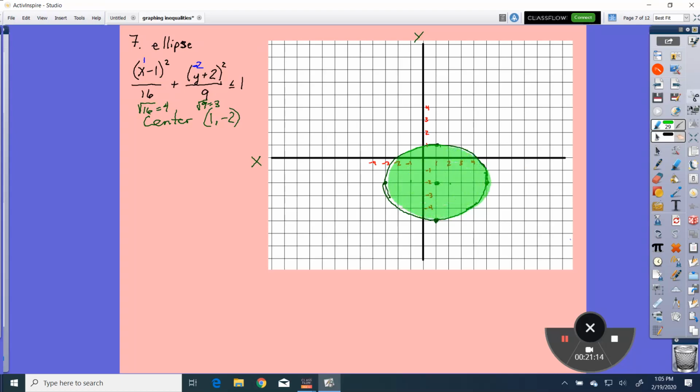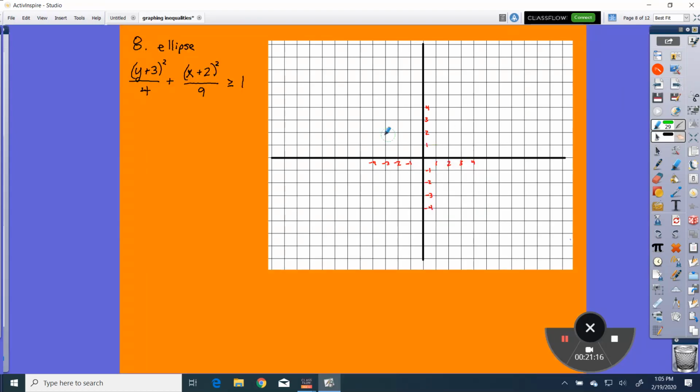Okay, if you want to use colored markers or highlighters or colored pencils, go for it. Most markers are colored, by the way, so I was thinking colored pencils. But anyways, so this ellipse has a center at negative 2, negative 3. I threw a curveball at you. The x is here instead of at the front. So the x is negative 2, the y is negative 3. So negative 2, negative 3, that goes there.